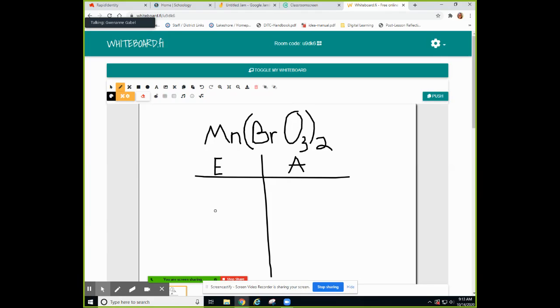Okay, so when we have parentheses, we have to distribute. So I'm going to write my elements first, capital M, N. Then I have Br, which I believe is bromine. And then we have oxygen. Okay?